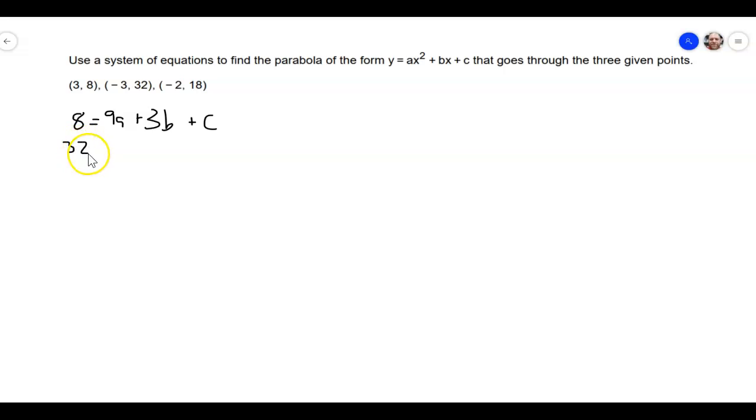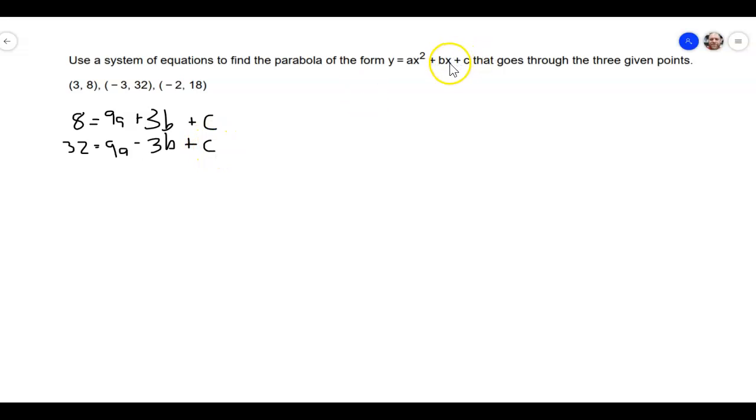The second one is the x value is negative 3 and the y value is 32. So replacing x and y, we have 32 is equal to negative 3 squared is 9a. And then we have minus 3b plus c.